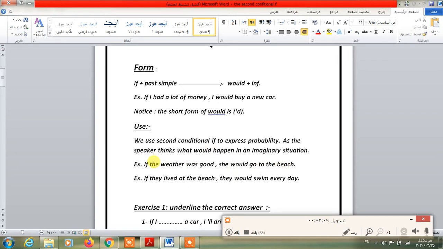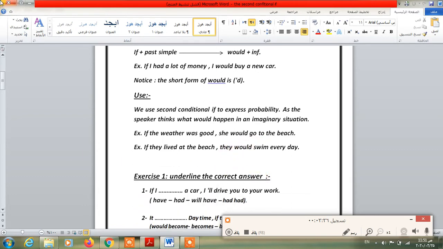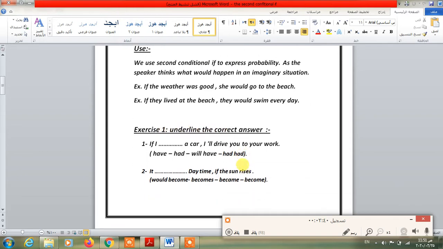Was is the past simple tense. The second part consists of would plus the infinitive of the verb. If they lived at the beach, lived is past simple, they would swim every day. Now exercise 1, underline the correct answer.